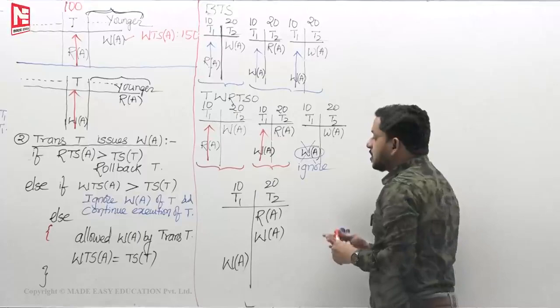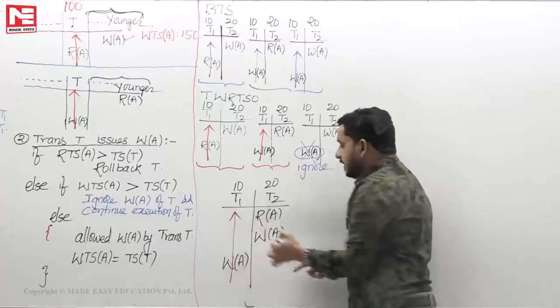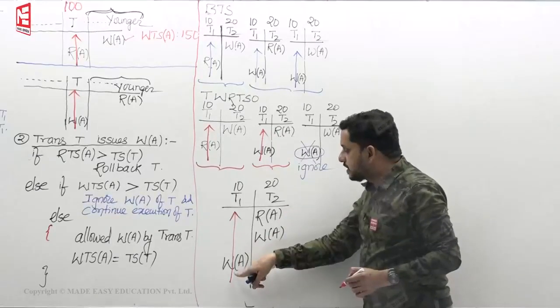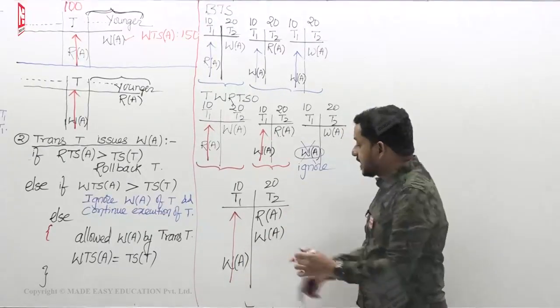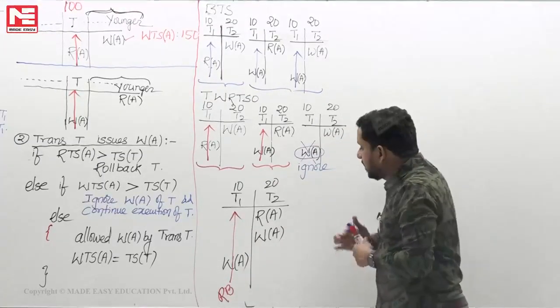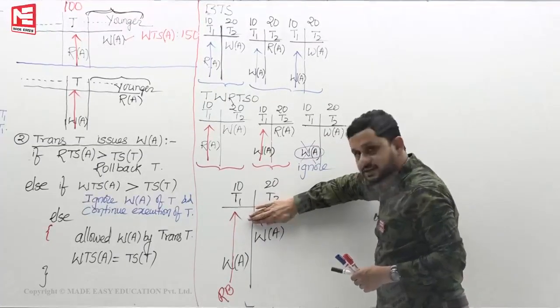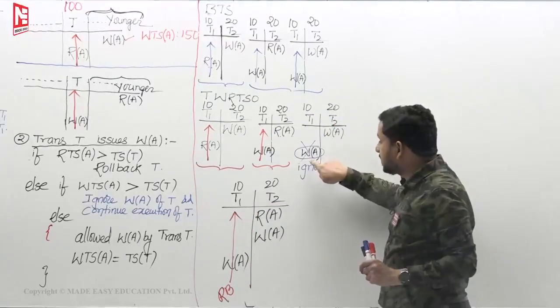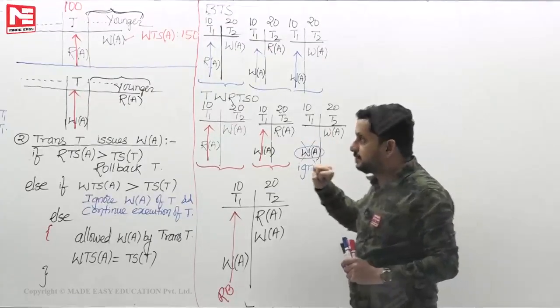Then it also causes the rollback. It comes under this case: the younger transaction already did the read, the older transaction requests for write. In this case, rollback only. But if the younger transaction did not do the read, only did the write, then if the older transaction requests for write, instead of rolling back this T1, ignore the write.